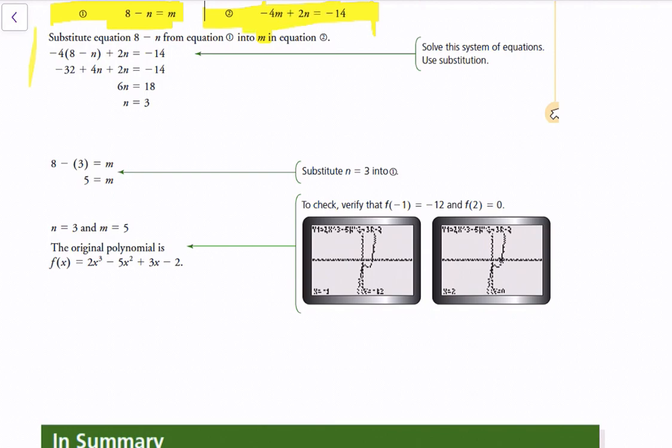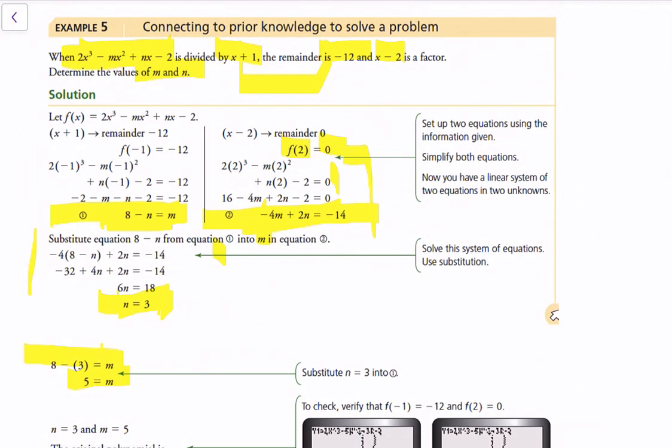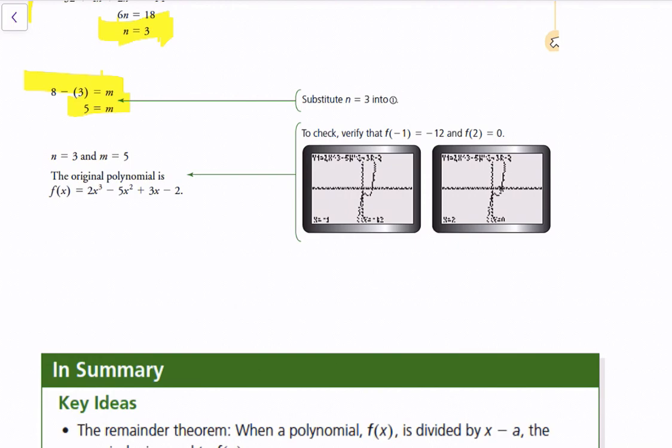And then once they do that, now everything's in terms of n, so they can solve for n. And then once they solve for n, they put that n back into equation 1 in this case, and they solve for m. So now they have the pieces n is equal to 3, m is equal to 5, and now that you have that, you can put it back into your original polynomial function, and you get your overall polynomial being this.